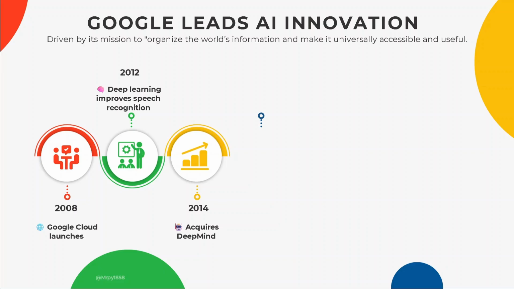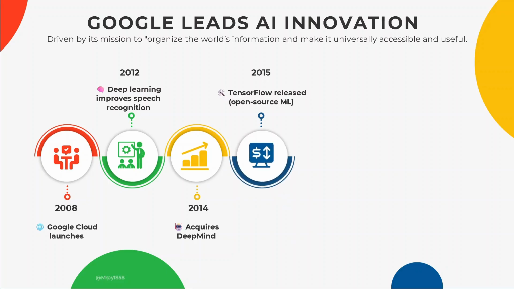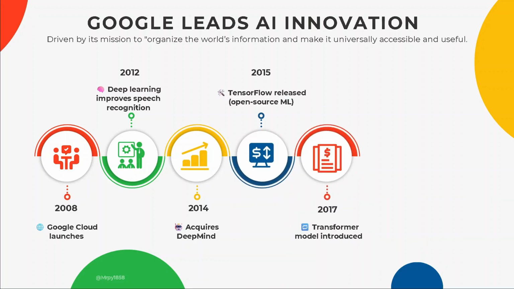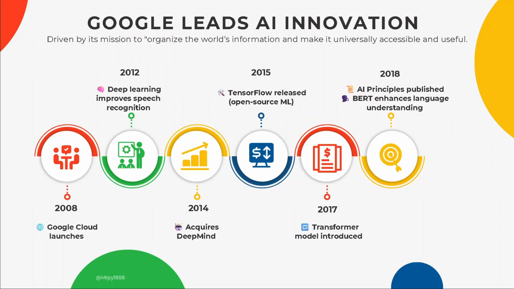In 2012, deep learning improved speech recognition. In 2014, it acquired DeepMind, and TensorFlow was released as open source ML. In 2017, the transformer model was introduced. In 2018, AI principles were published, and BERT enhanced language understanding. These are all the innovations Google has been doing so far.